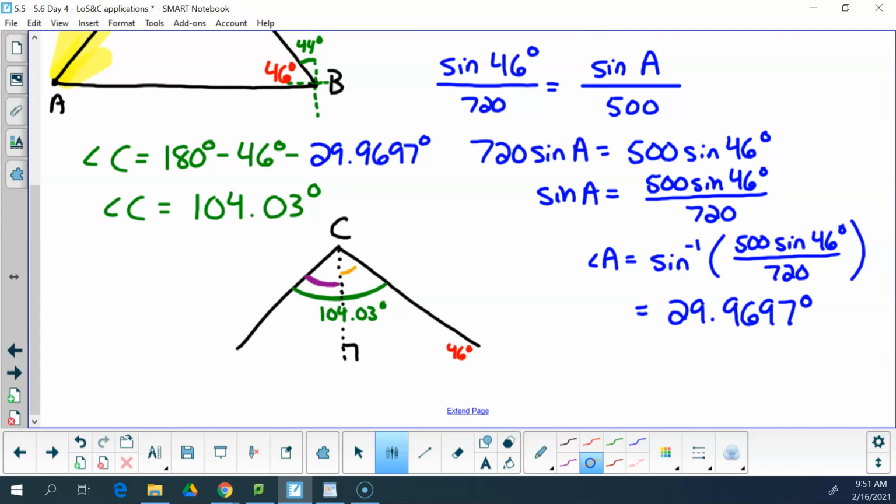What's this orange angle? If I've got a right triangle and my base angle is 46, 44. Yep, this one's going to be 44. So then what's the purple angle going to be? 60.03, right?